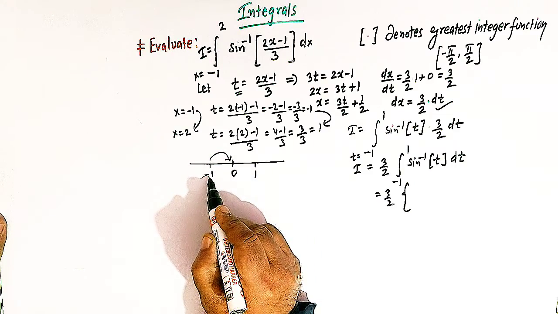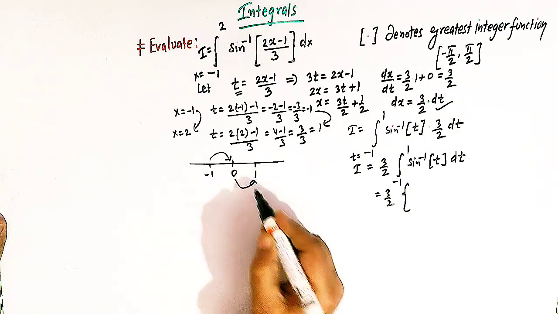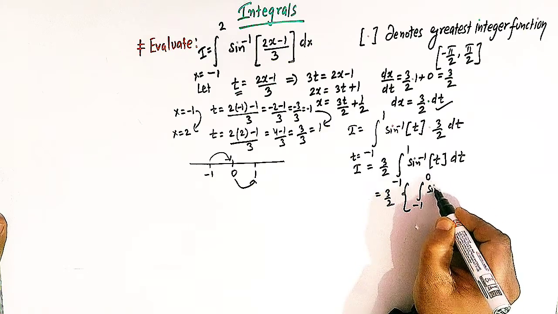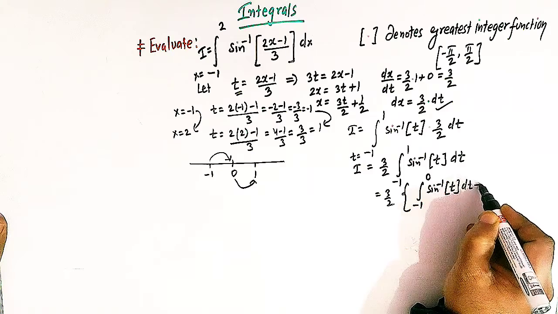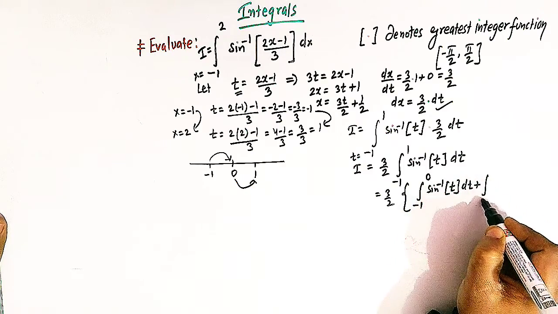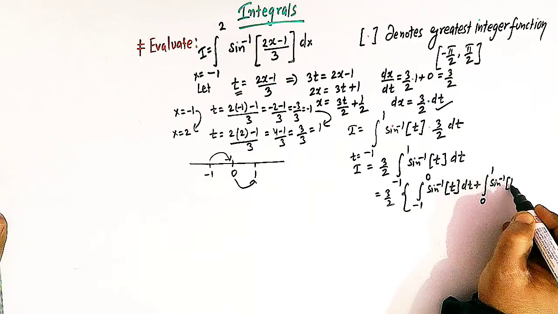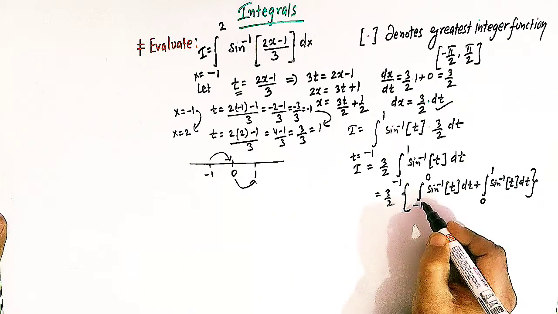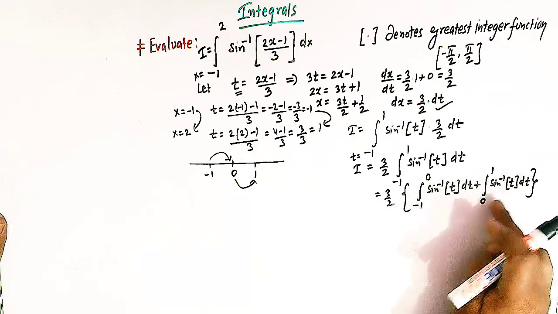The first one is from -1 to 0, and the second one is from 0 to 1. So we have the integral from -1 to 0 of sine inverse greatest integer of t dt, plus the integral from 0 to 1 of sine inverse greatest integer of t dt. Okay, now let us take these two integrals one by one.